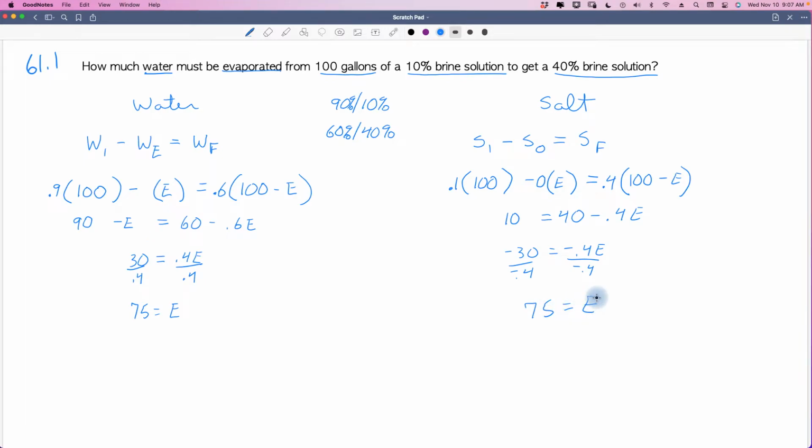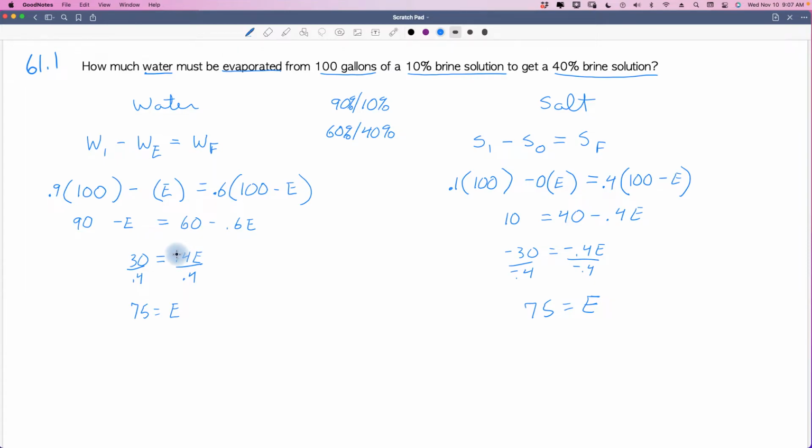So if we solve for either salt or water, as long as we think about it intelligently and we think about what it is that we're doing and apply our proper percentages and decimals, then we'll get the right answer. So actually, I encourage you, if you want to be sure you're getting the right answer, do your problem for both.